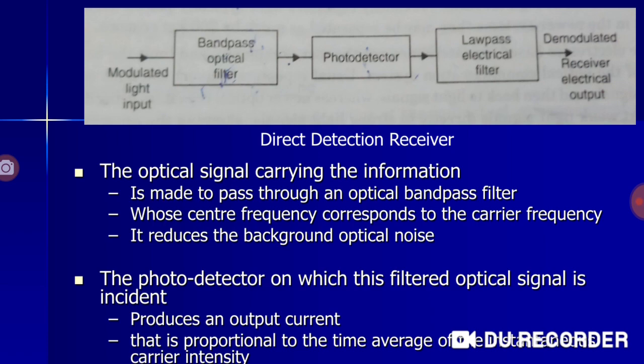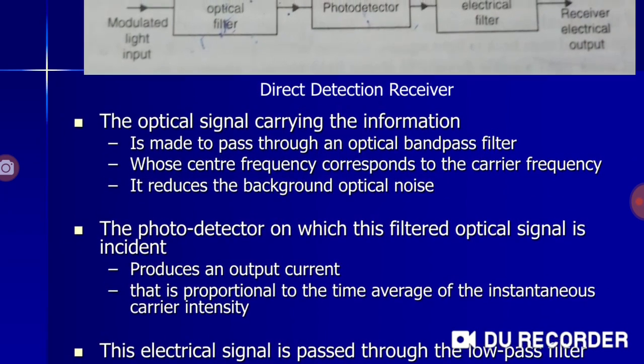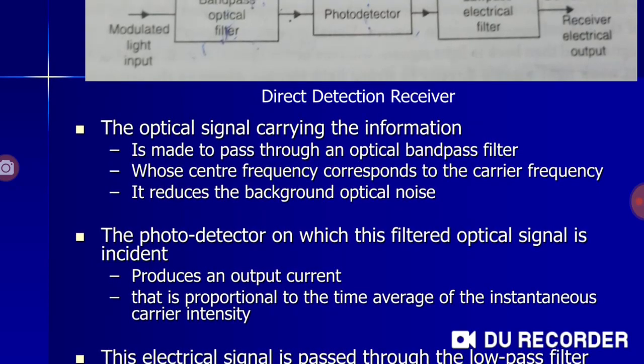Next, we have the filtered optical signal over here, which is subjected to the photodetector. Now what does a photodetector do? This produces an output electrical current which is proportional to the time average of the instantaneous carrier intensity.